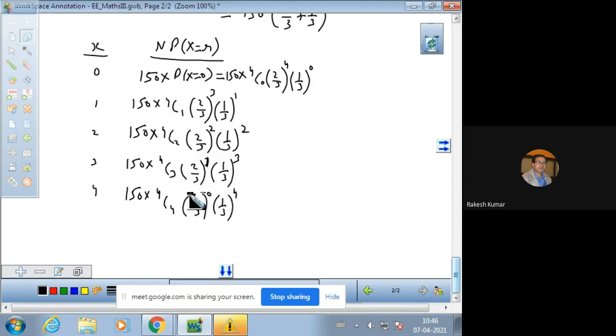Now, with the help of this, you will be able to find out the calculated frequencies, and they come out to be 29.6, and this comes out to be 59.2, and this comes out to be 44.4, and this is 14.8, and this comes out to be 1.9.